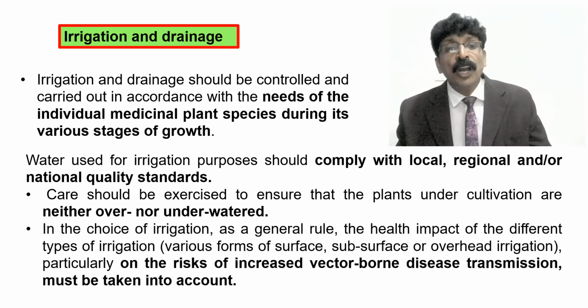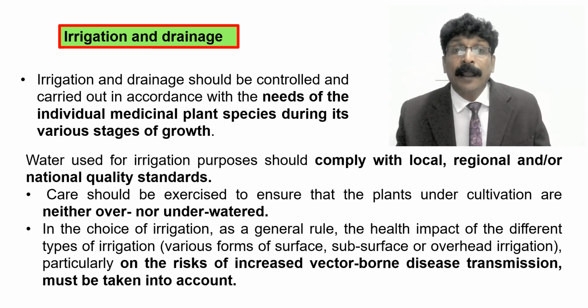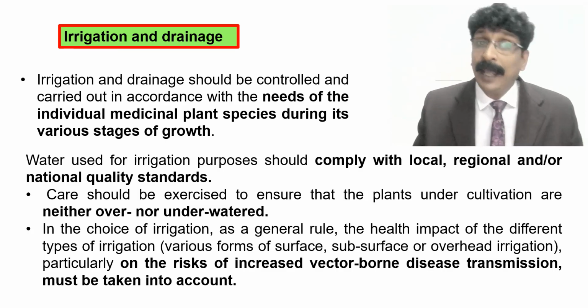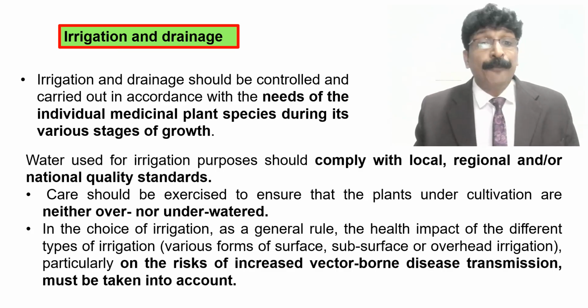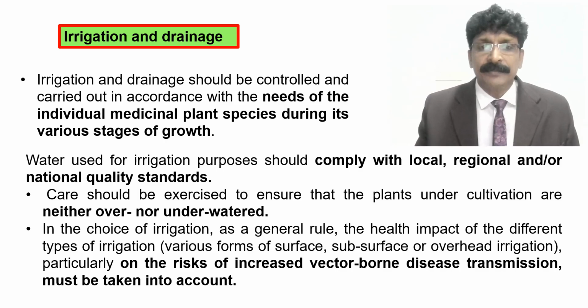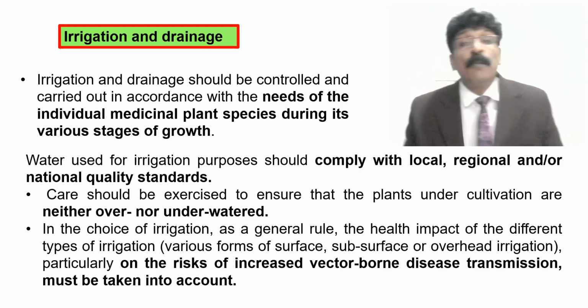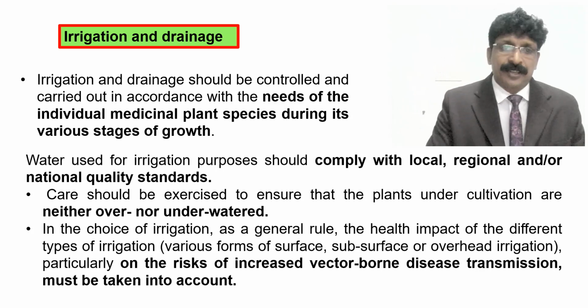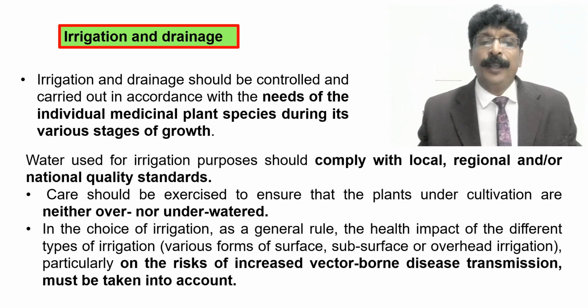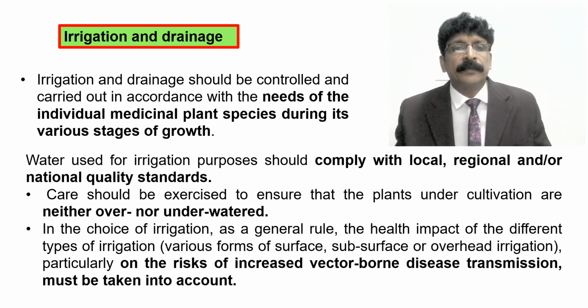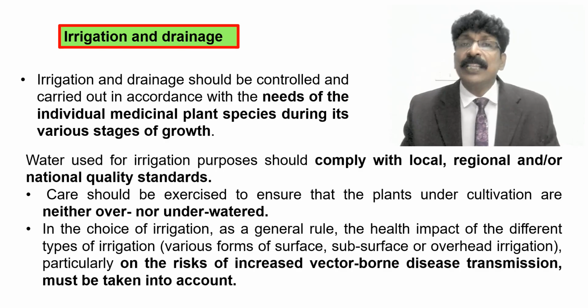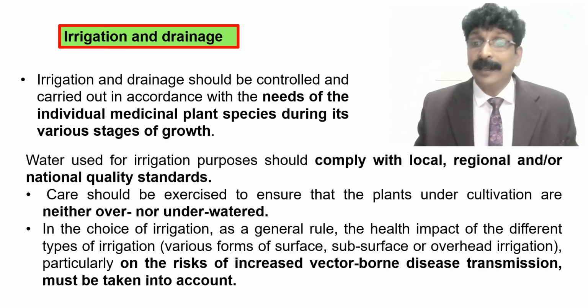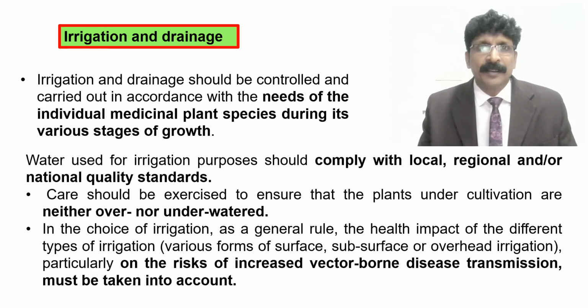In the choice of irrigation, as a general rule, the health impact of the different types of irrigation, especially the various forms of surface, subsurface, or overhead irrigation, particularly the risk of increased vector-borne disease transmission.